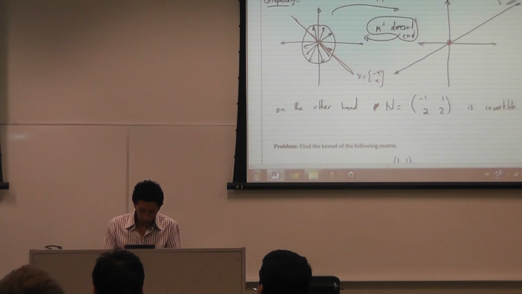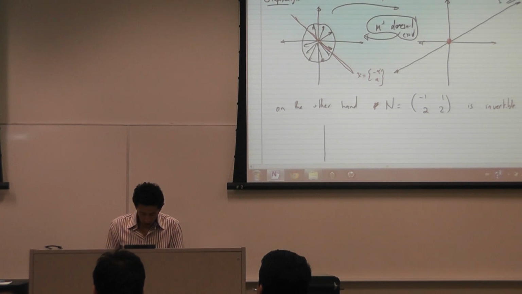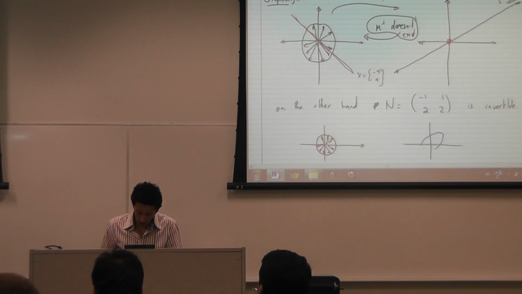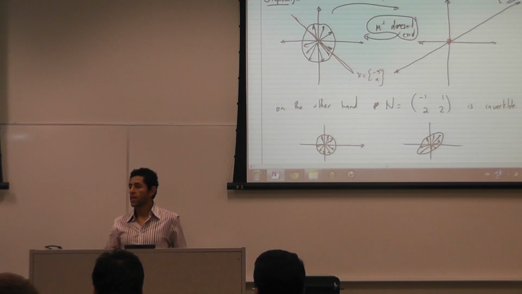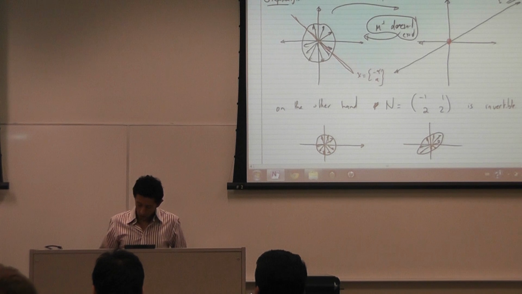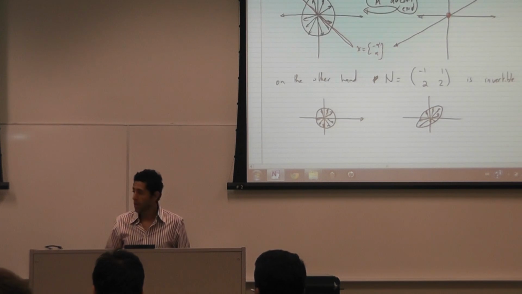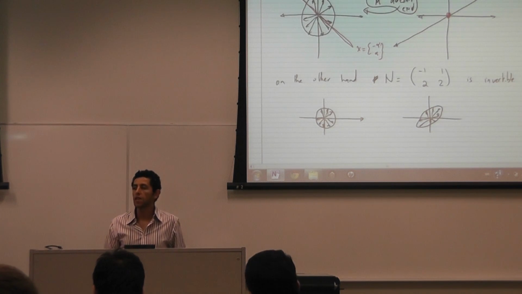And you will find that if you draw a circle of vectors, you will get some sort of an ellipse of vectors. Or if this is a rotation, you might get a circle again. But you'll never get, because of linearity, any different shape.